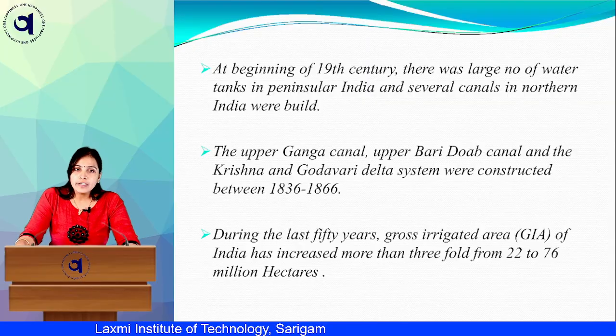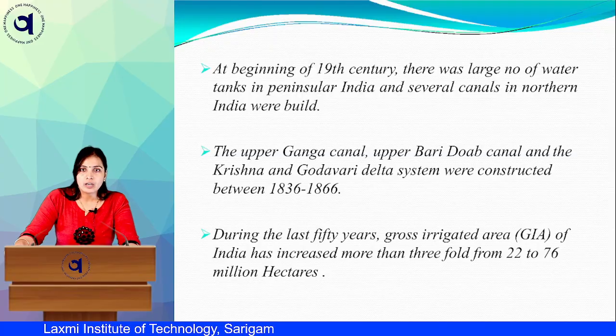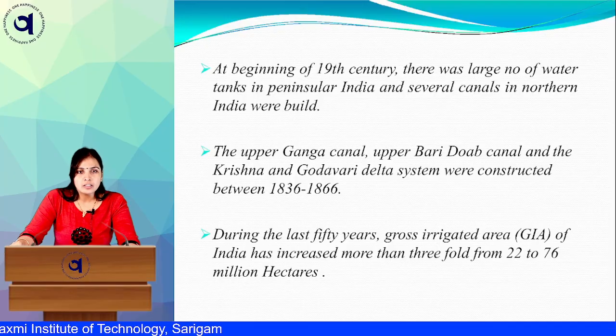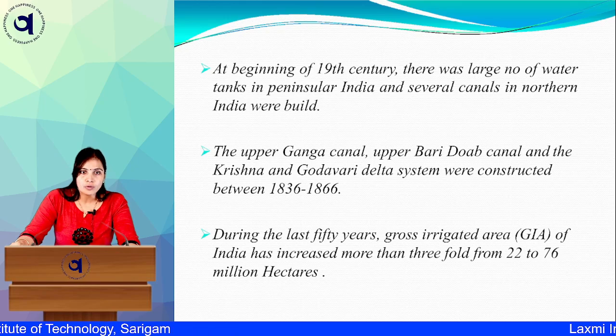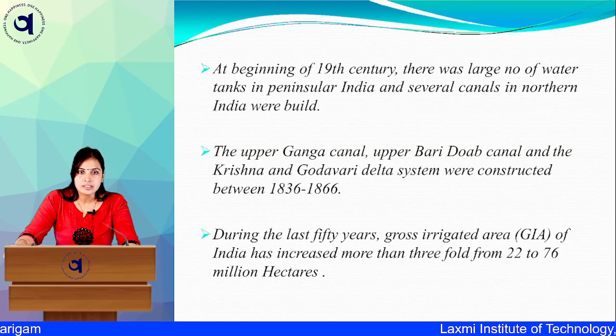At the beginning of the 19th century, there were a large number of water tanks in peninsular India and several canals in northern India were built. Punjab is the best example of an irrigation system. The Upper Ganga Canal, Upper Bari Doab Canal and the Krishna and Godavari delta systems were constructed between 1836 and 1866.